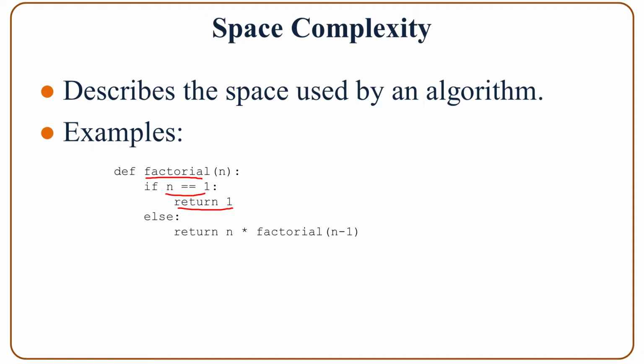Otherwise, we return n times the factorial of n minus 1. So inside the function, we call the function itself and give it the parameter n minus 1. And this recursively computes the factorial of n.